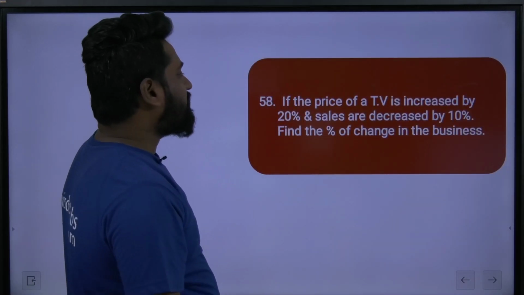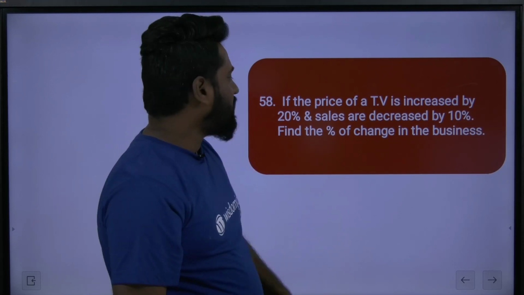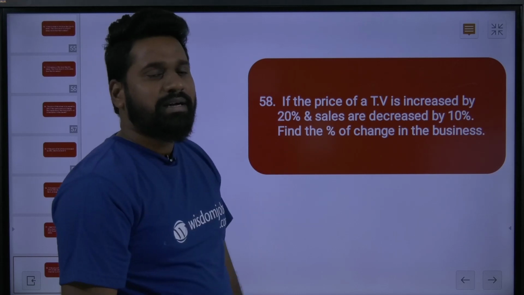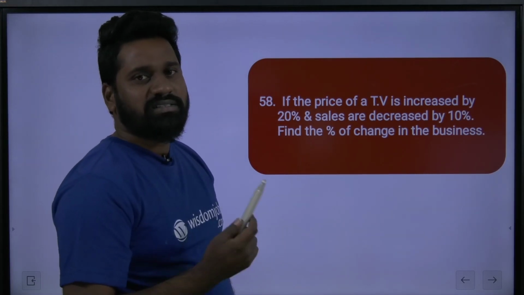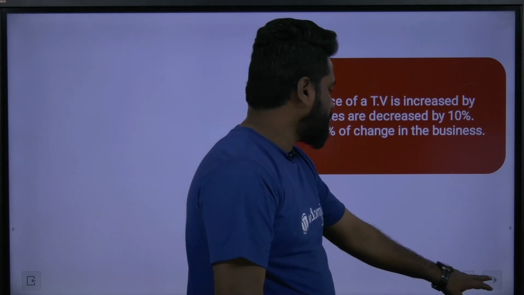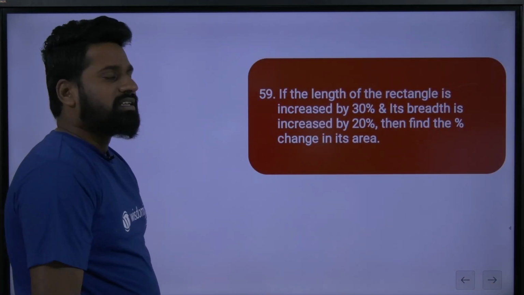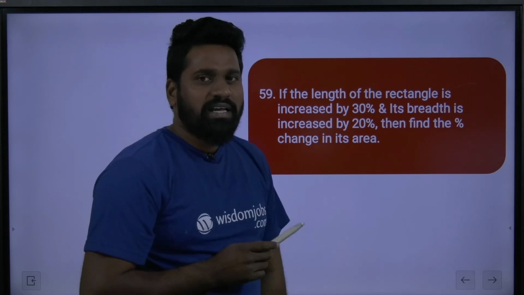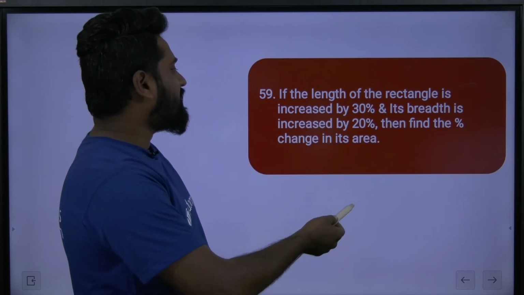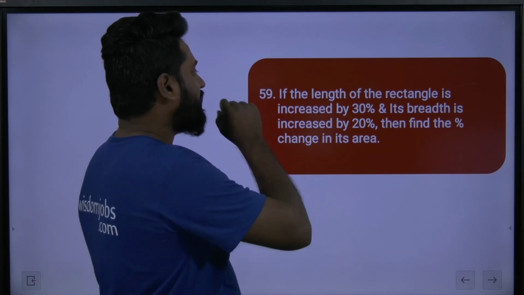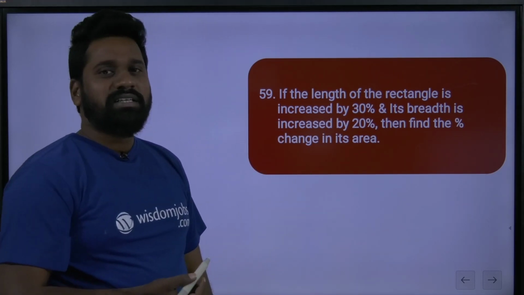So if the price of a TV, this is also the same thing, because here sales decreased by 10%, once increased by 20%. So which indicates the same meaning, right? Now this is another different one. If the length of a rectangle is increased by 30% and its breadth is decreased by 20%, find the percentage change in its area.